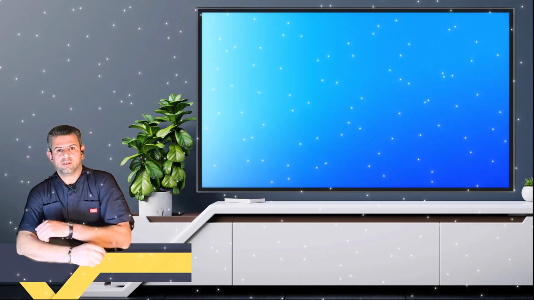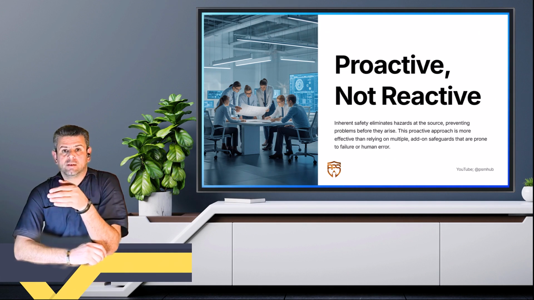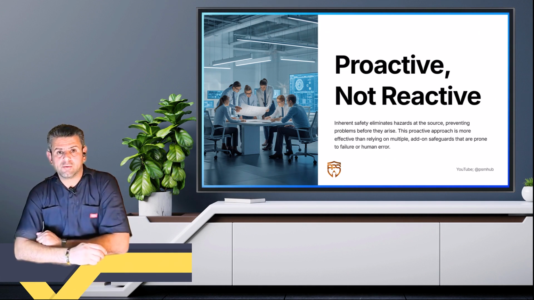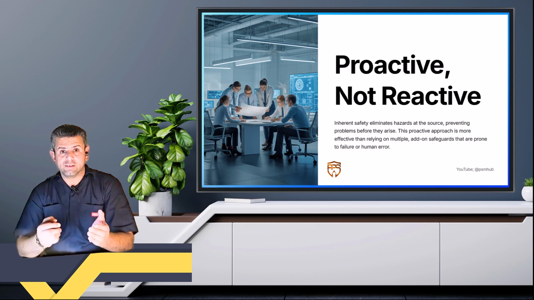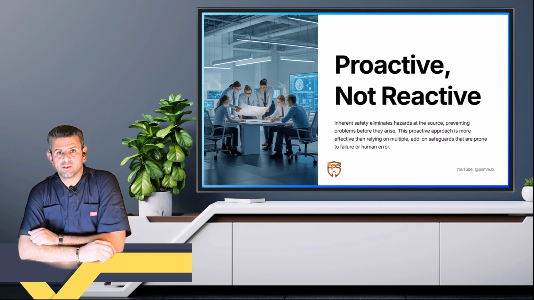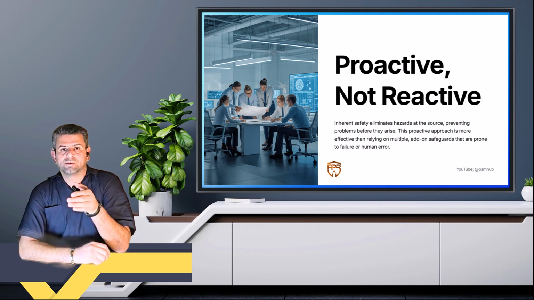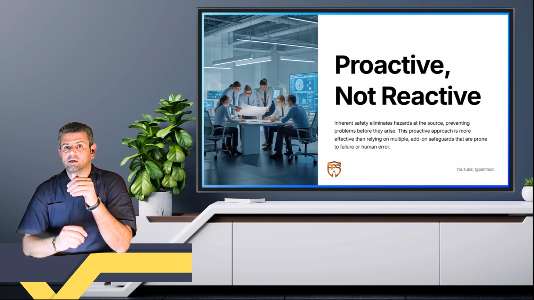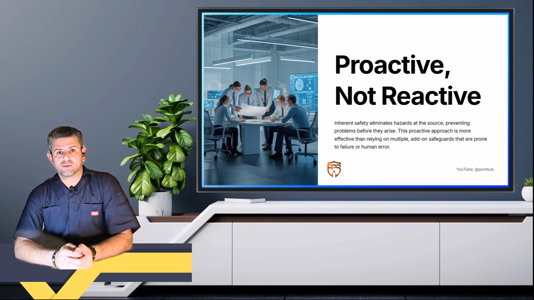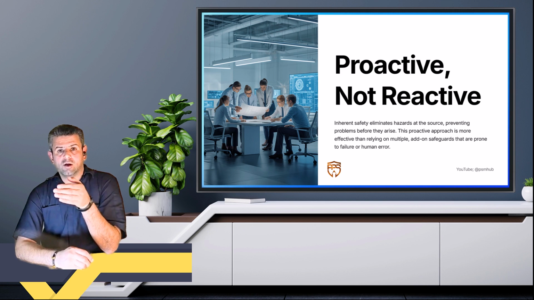The beauty of inherent safety is that it tackles problems proactively, not reactively. Instead of layering on multiple safeguards to control a large hazard, you strive to not have the large hazard in the first place.